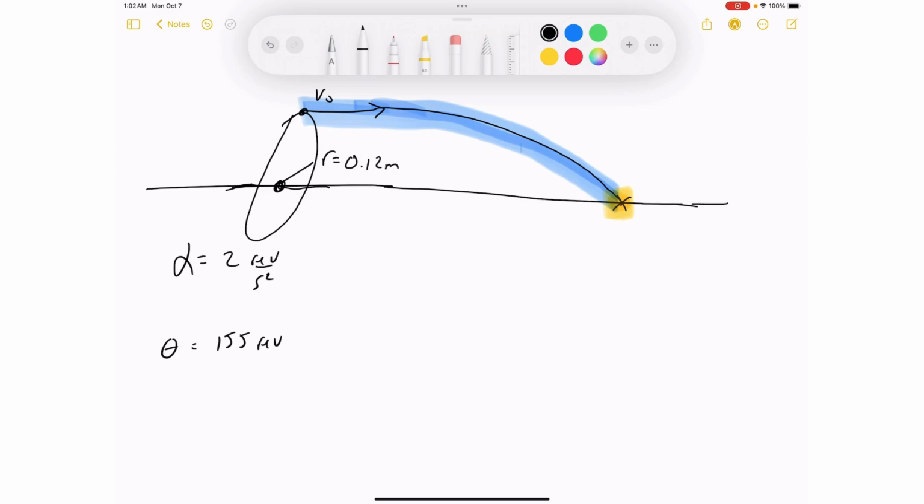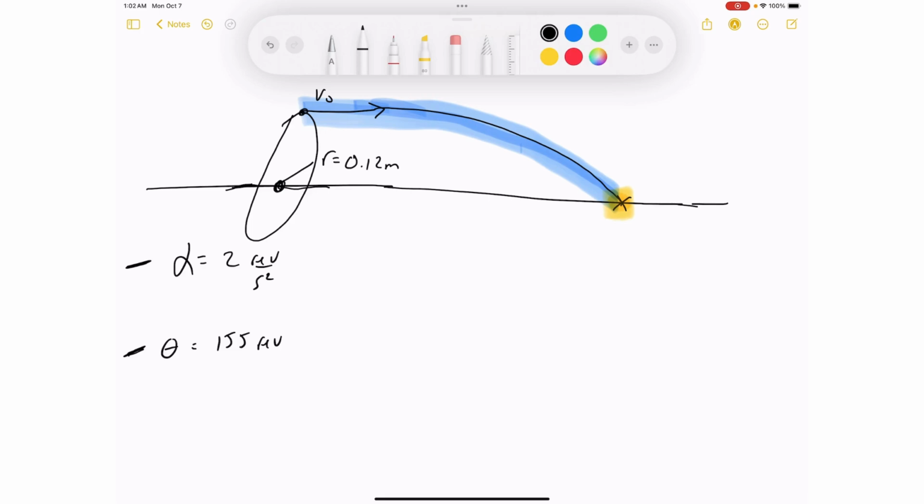Okay, but after it has completed, that's the second piece right here. I already talked about its acceleration, which is here, and here I'm talking about theta, which means this blade has spun 155 revolutions.